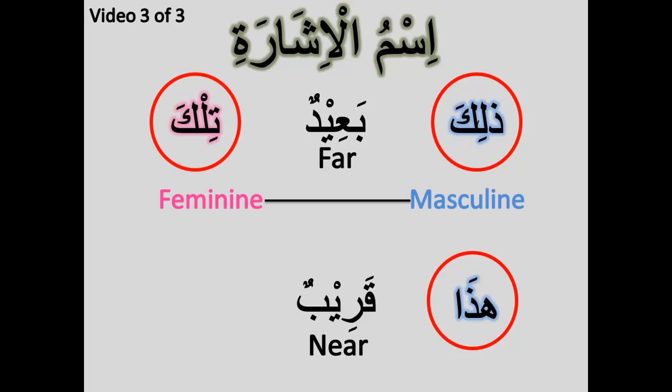For feminine objects, we use tilka if it is ba'id, if it is far, and then also tilka because it is feminine, and then we use hadihi if the object is qarib, it is near, and also if that same object is feminine.